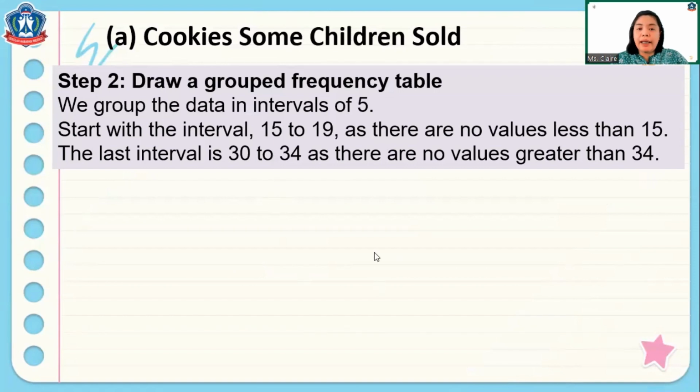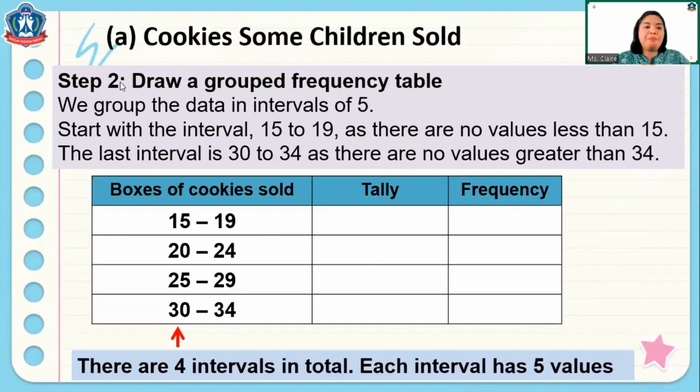draw a grouped frequency table. It looks like this. Take a look. We group the data in intervals of 5. So remember, 15 is the smallest one. By intervals of 5, we count 15, 16, 17, 18, 19. So 15 to 19 is an interval of 5. We will start with the interval of 15 to 19, and then follow with 20 to 24.